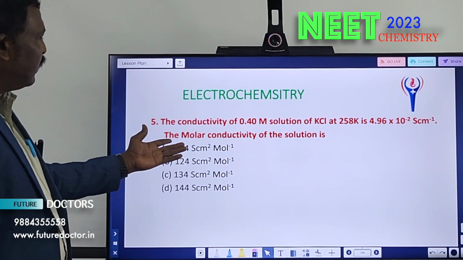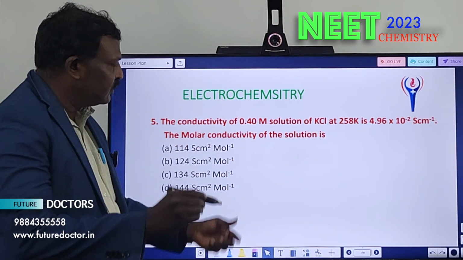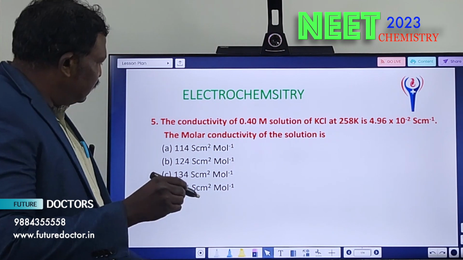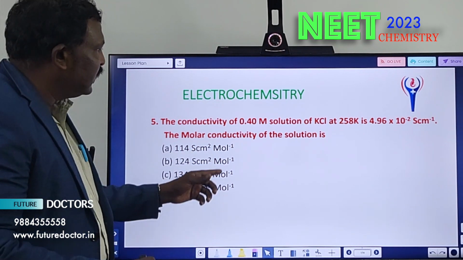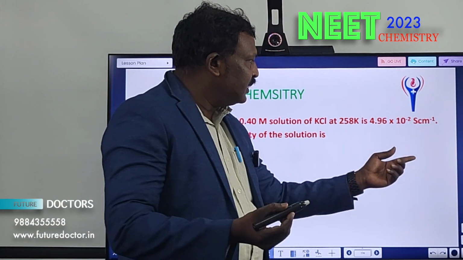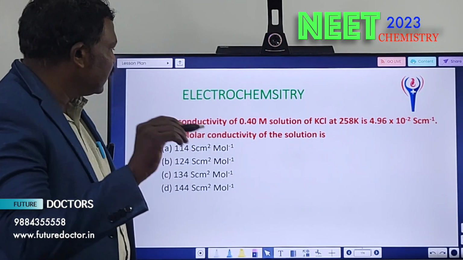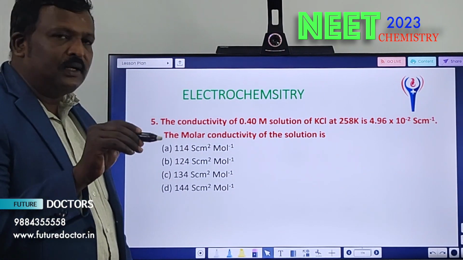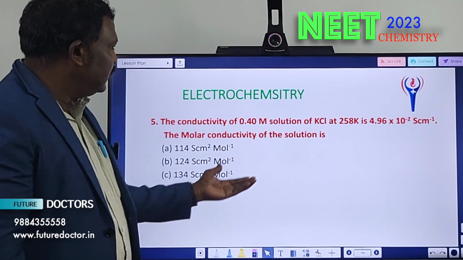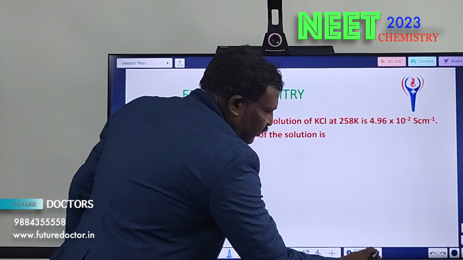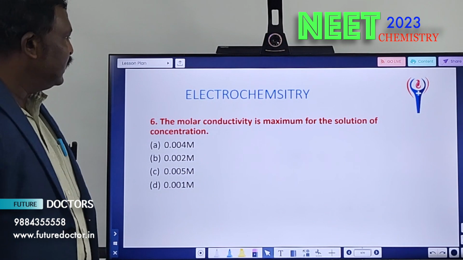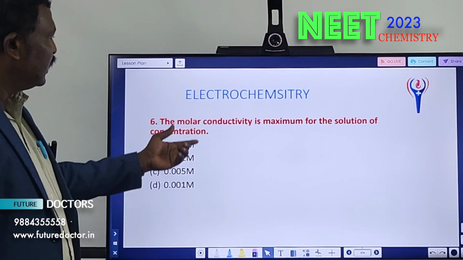Here also we have a simple formula. Molar conductivity lambda m is equal to kappa into 1000 by C. That formula if you apply, we can get the answer. Understood? Only a few formulas are there. If you are familiar with these formulas, you can easily answer all the sums in electrochemistry.